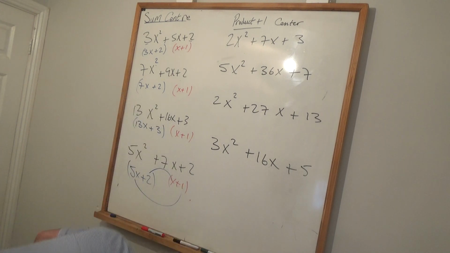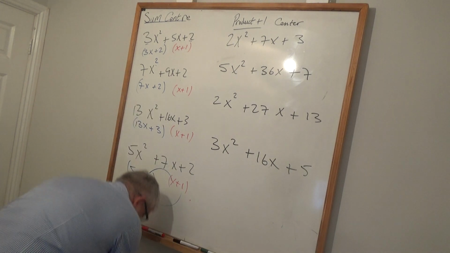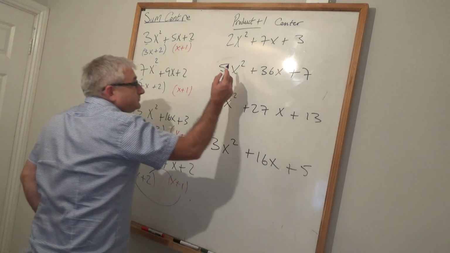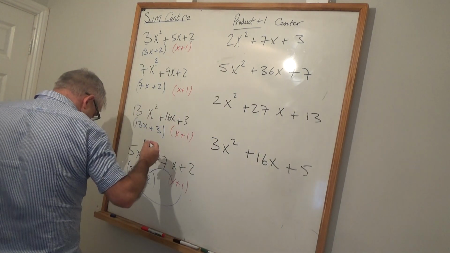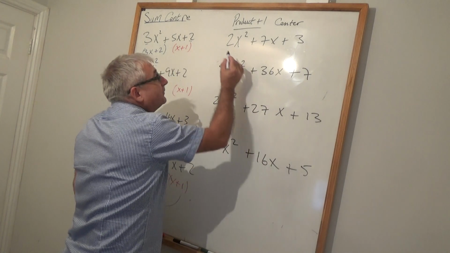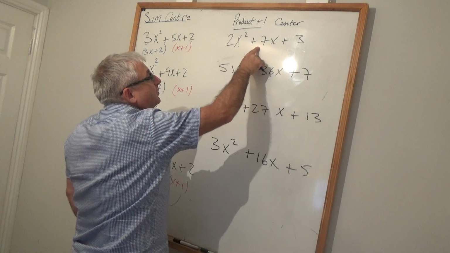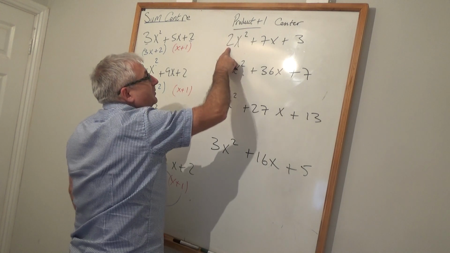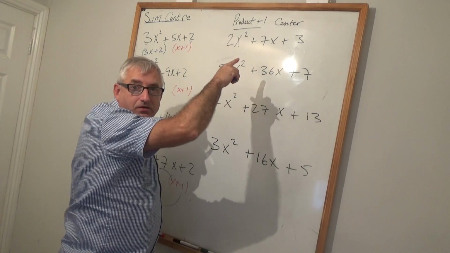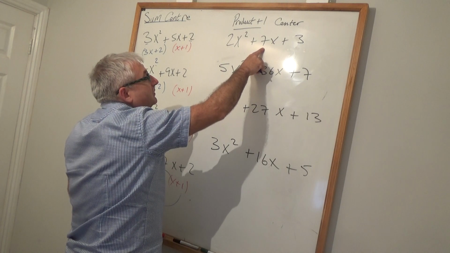Now a slightly different question going on over here, where now the center is not 5, the center is 2 times 3 plus 1, the product of the quadratic and a constant, giving 7.